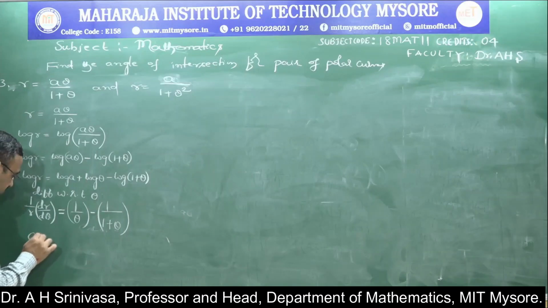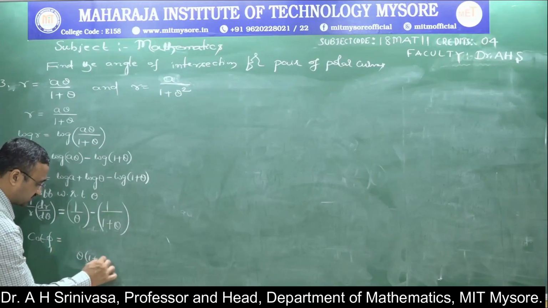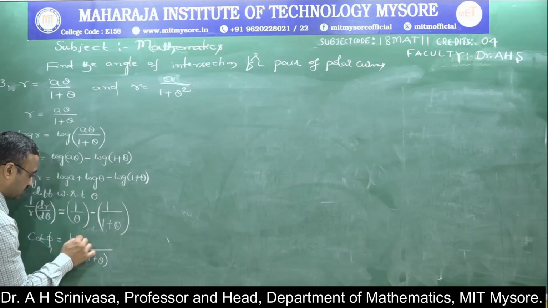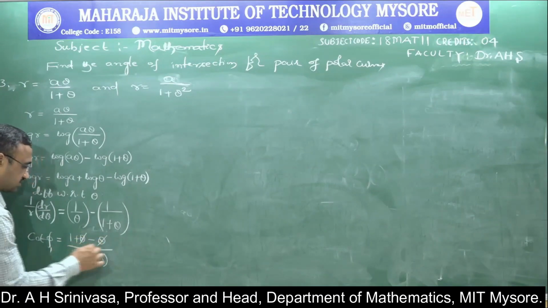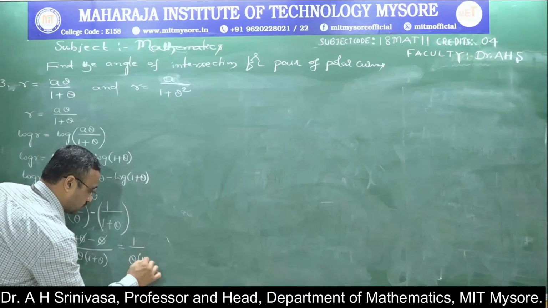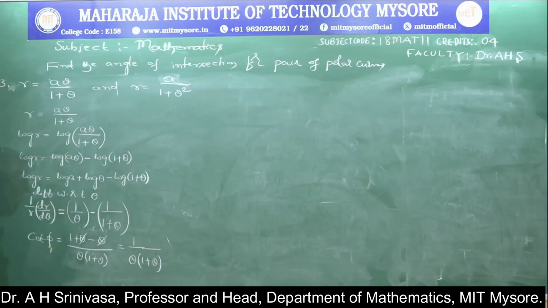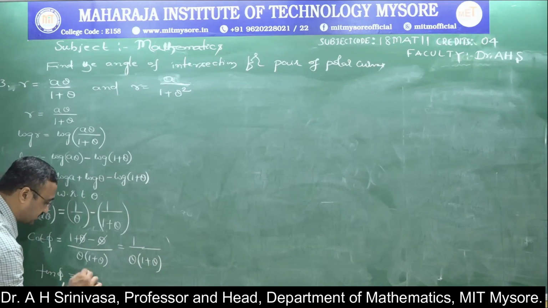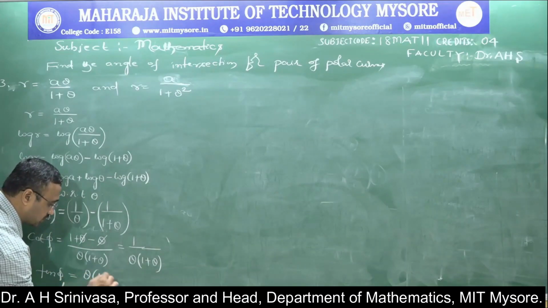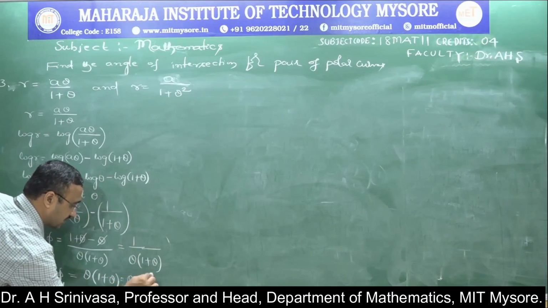This becomes cot phi 1. Taking LCM here, theta into 1 plus theta is the LCM. We have 1 plus theta minus theta. Now cancellation of these two will give 1 by theta into 1 plus theta. If we take the reciprocal of this, we get tan phi 1 is theta into 1 plus theta, or simply theta plus theta square.